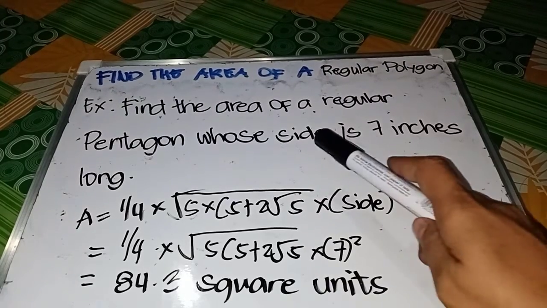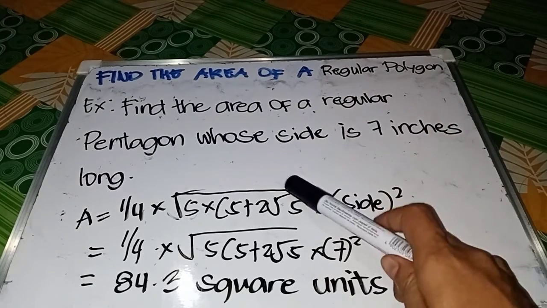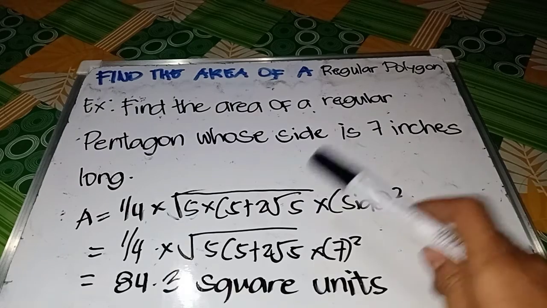Example: find the area of a regular pentagon whose side is 7 inches long.